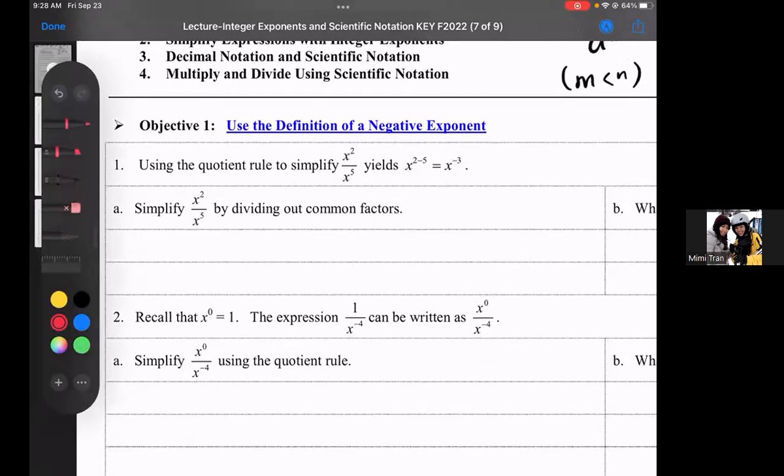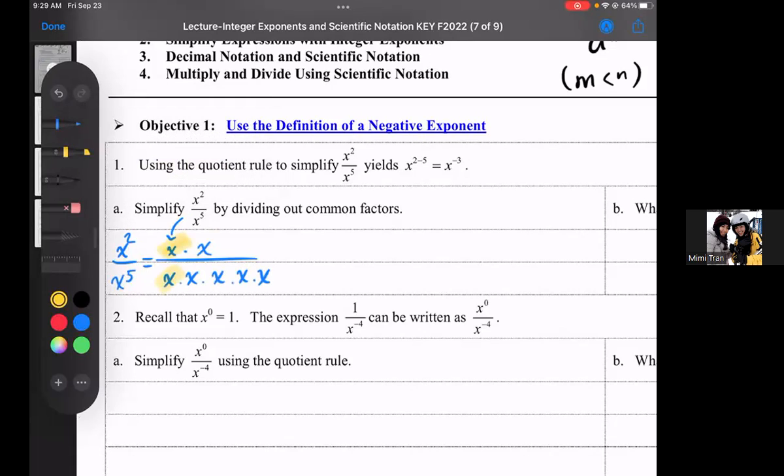Let's simplify and see what it is equal to. If I simplify this one right here, I'm going to write out x, so x squared divided by x to the fifth is the same thing as x times x on the top, and the bottom is x times x times x times x times x. Do you guys know how to simplify these?